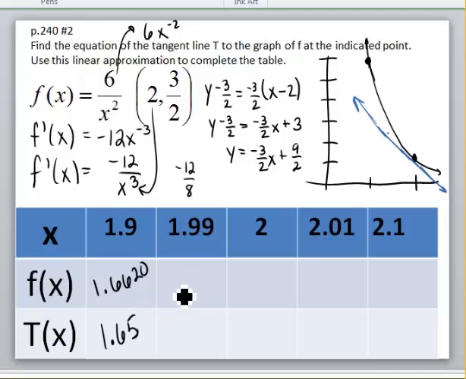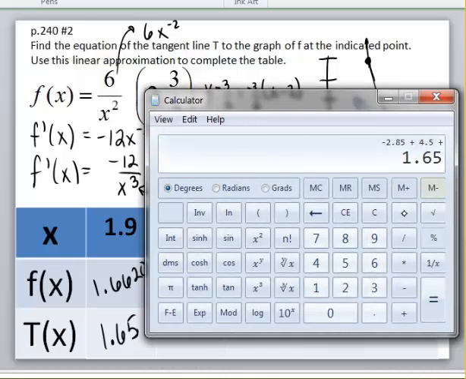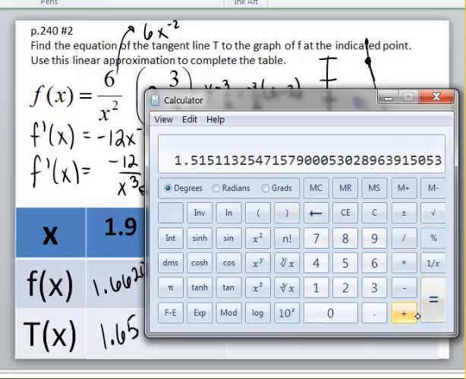Let's go ahead and continue this and show how 1.99 also is going to be very close. So when I plug in 1.99 for here, I have 6 divided by 1.99 times 1.99. That gives me the answer of 1.5151.